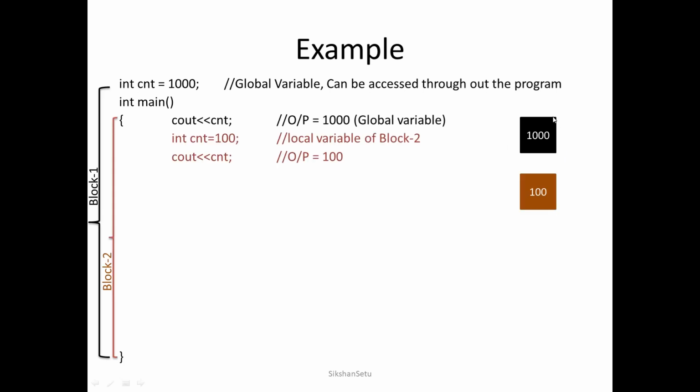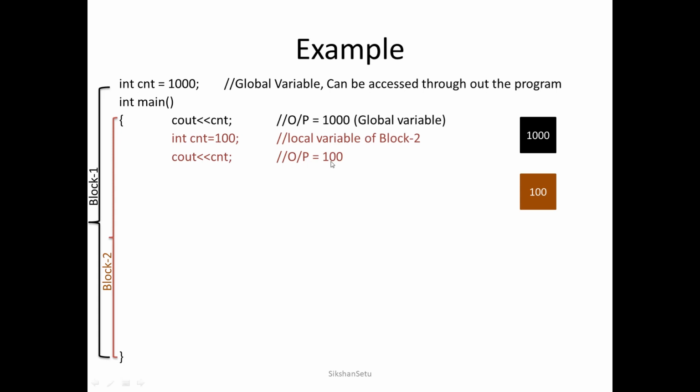But now I am declaring another CNT. The value of that is 100 and I am printing the value of CNT. Now the system is confused. Why? Because we have two CNT. One is global, one is local to main. But we know that the scope of the local variable is always higher. So when I am trying to print CNT, it will print 100 on the screen.